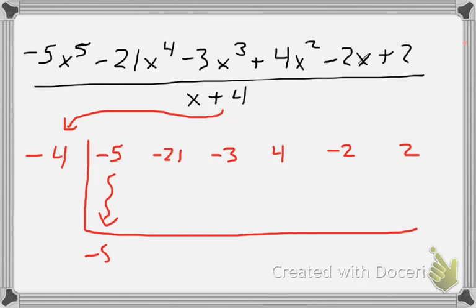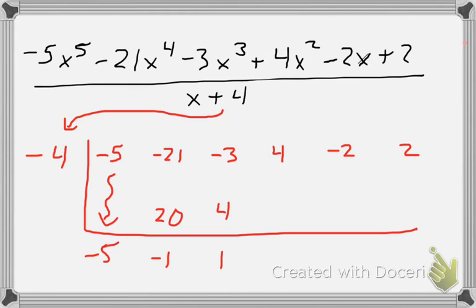The 5 we drop straight down. And now here we go. Negative 4 times negative 5 is 20. Add straight down. Negative 4 times negative 1 is 4.